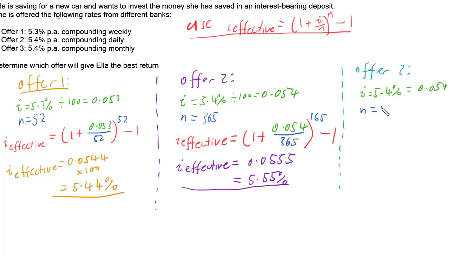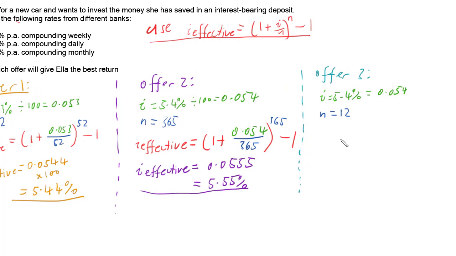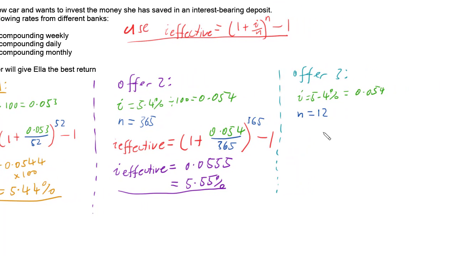So there are 12 months in a year, so this time I'm going to use n as 12. Going to our rule, i effective is 1 plus 0.054 for i, 12 for n, to the power of 12, minus 1.